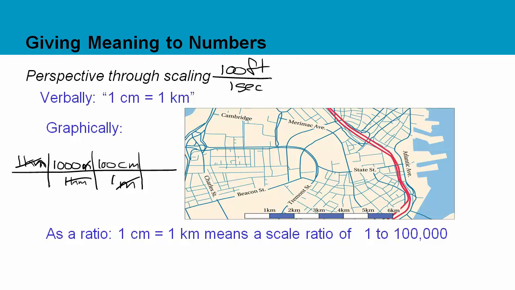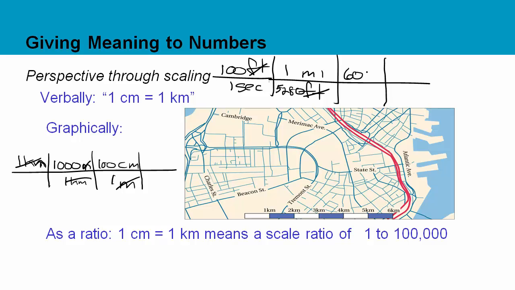So we get our conversion line out. And let's convert feet. So we want feet down here and miles up here, and we know that 1 mile is 5,280 feet. And so now, if we did the math, this number, whatever 100 divided by 5,280 is, would be miles per second. But we don't want miles per second, we want miles per hour.